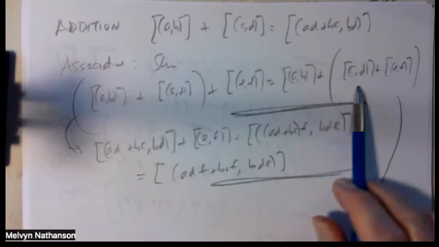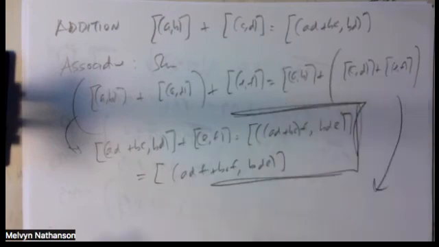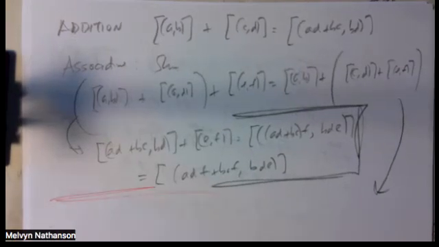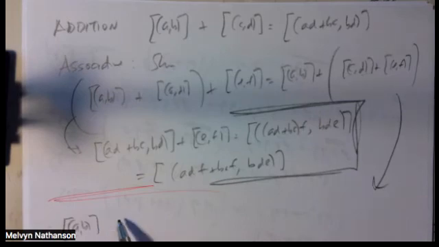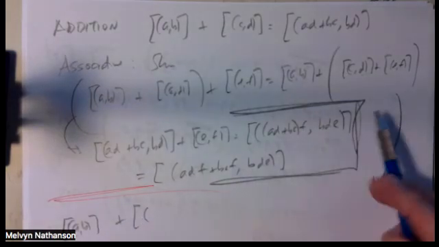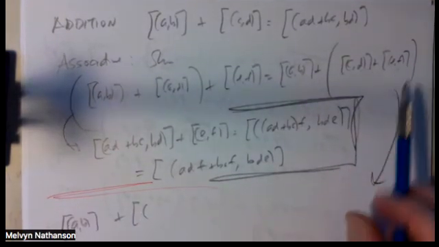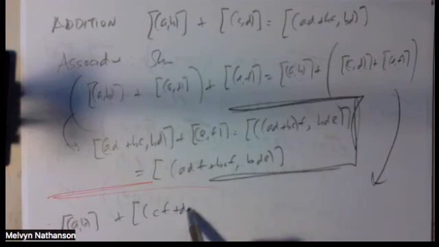And now let me calculate the equivalence class of this right-hand side. So on the right-hand side, we have the equivalence class of AB plus the equivalence class. When I add these two, I get CF plus DE, comma, DF.